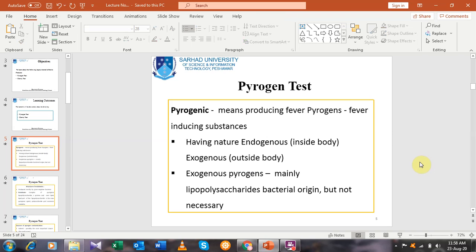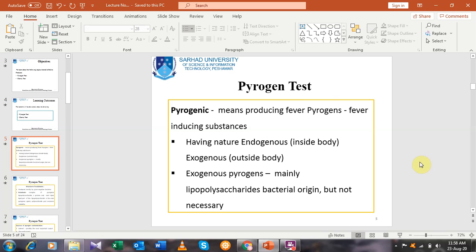First of all, we will discuss in detail the pyrogen test: what is meant by the pyrogen, how the test is performed, and what is the significance of this test. Pyrogenic means producing fever or body temperature rising, as we have studied in pharmacology and different other courses about pyrexia or antipyretic drugs.